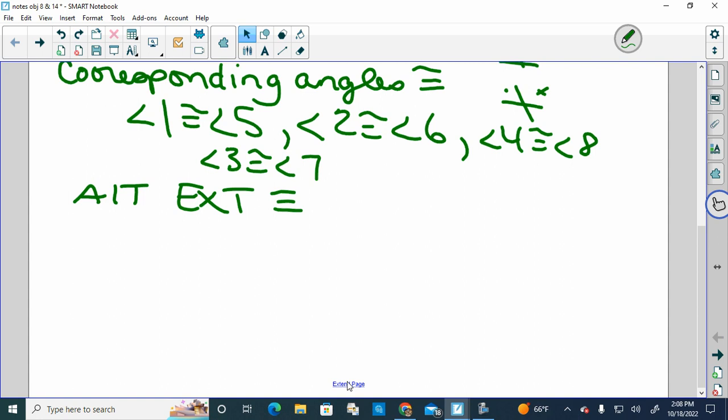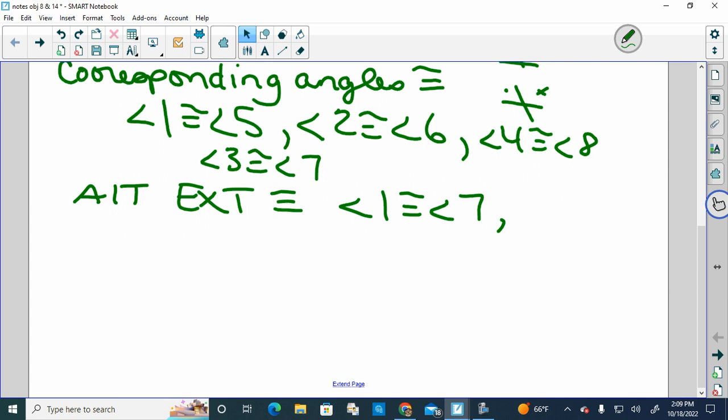Alternate exterior. Alternate means on the opposite side of the transversal and on the outside of the parallel lines. So if I were to pick angle 1, alternate exterior to that would be what? 7. So angle 1 and angle 7. Angle 2, 8.